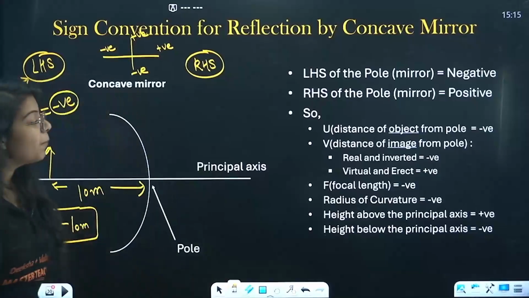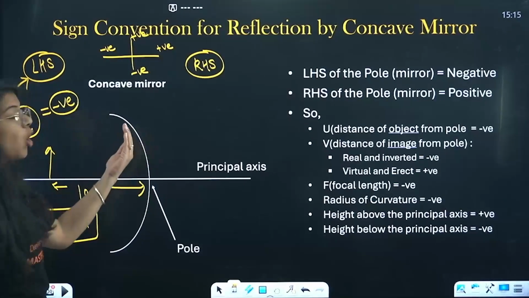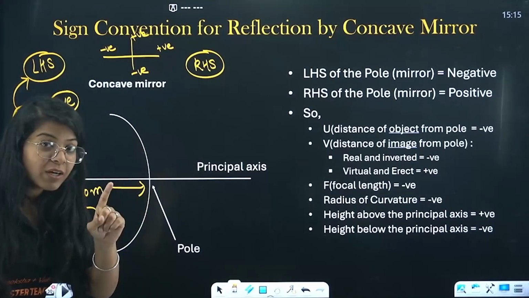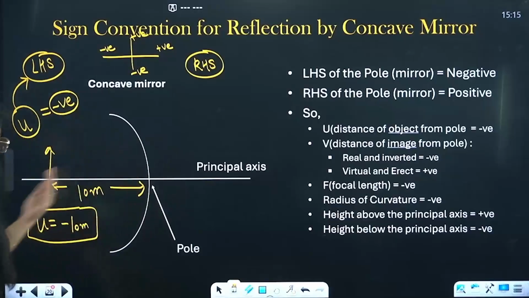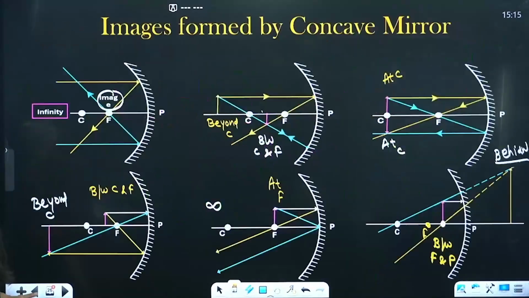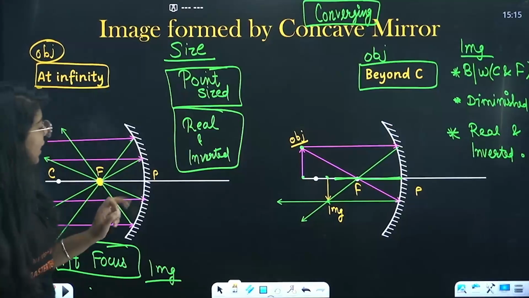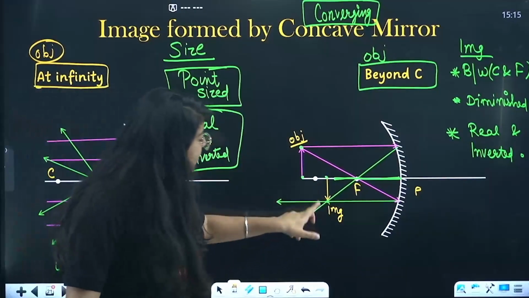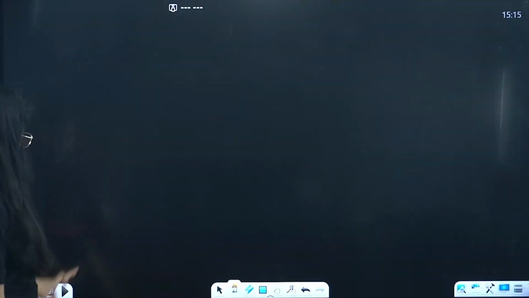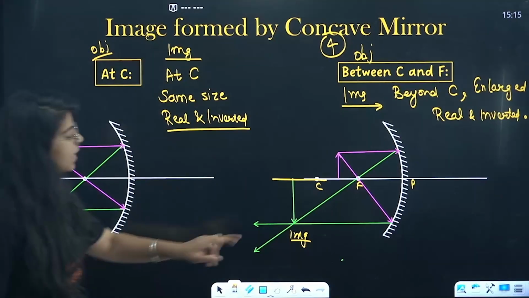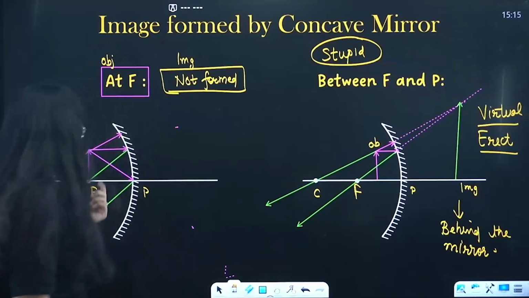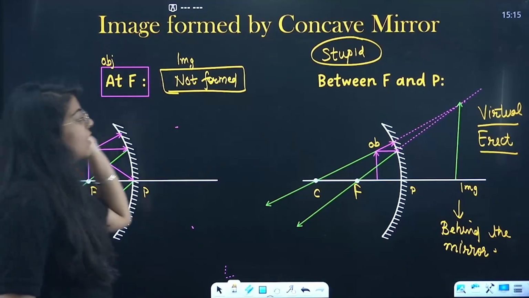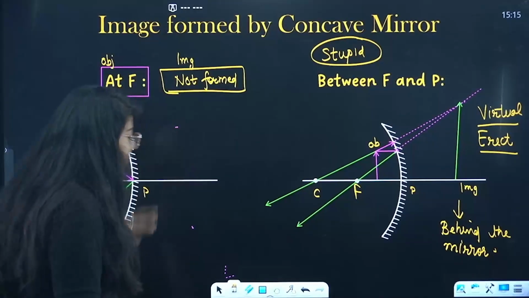Understood? Then beta, in concave mirror, we know all the images were real and inverted, and all those images were also formed on the left hand side. You see, we started from here. All the images were on the left hand side. Focus, left hand side. Images, left hand side. Then our image, this image, left hand side. Our image, this is on infinity but left hand side. This is not real and inverted, we won't look at it.